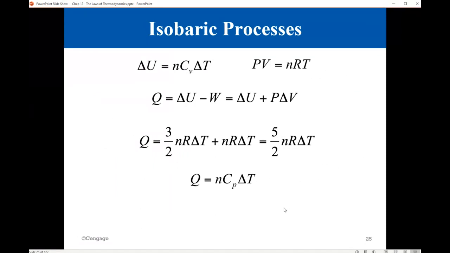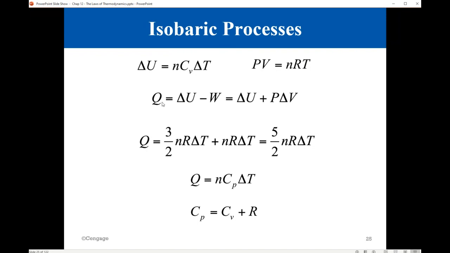For isobaric processes, we see here a summary. We have the change in the internal energy equals nCV delta T. PV equals nRT. This is the ideal gas law.